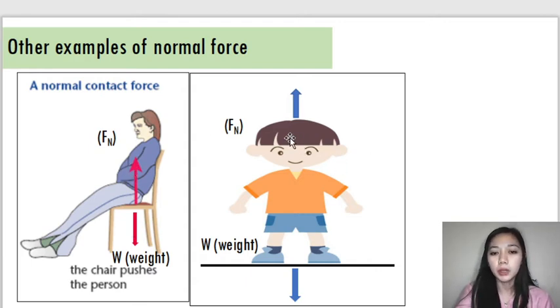Same with when you are standing. When you are standing, the ground or yung floor, kung ano man yan, ay mag-exert ng normal force towards your feet or towards your body. And the direction of it is upward. Ito yung reason bakit kahit nakatayo ka sa ground, hindi ka lumulubog or hindi ka nagpa-pass through dun sa ground. Kasi sinusuportahan niya yung iyong bigat by pushing you upward.